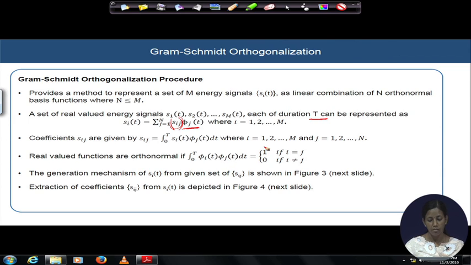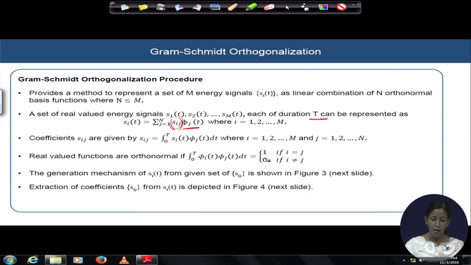The first condition, equal to 1, means you are forcefully normalizing the power to be 1, and the second condition, 0, signifies that they are perfectly orthogonal to each other. So, the properties of orthogonality and normalization are both there, and hence these basis functions are called orthonormal basis functions.